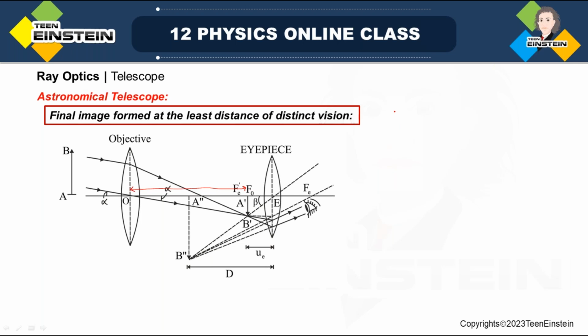So what are the actions? The action is the objective. First, what it will do, the objective will form an image, real, inverted, so the image formed by the objective.